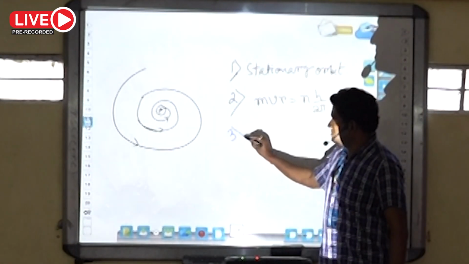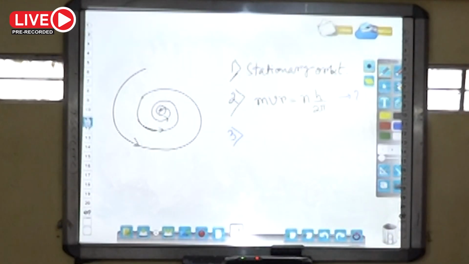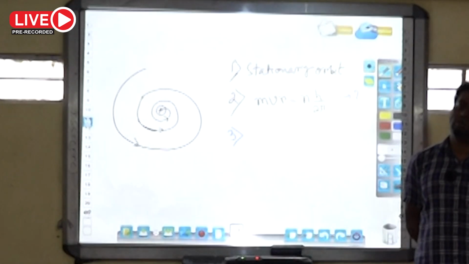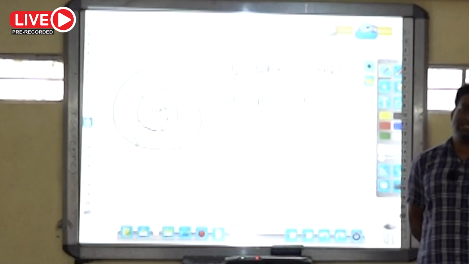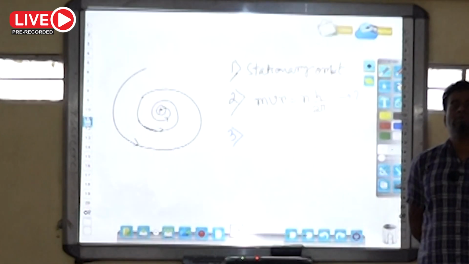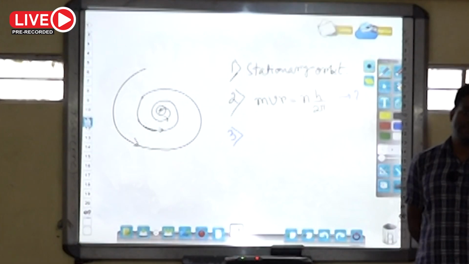Next, Bohr considers another thing, actually influenced by Max Planck's idea. He considered that whenever the electron jumps from a higher orbit to a lower orbit, it will release some energy. And when the electron jumps from a lower orbit to a higher orbit, it should absorb energy.